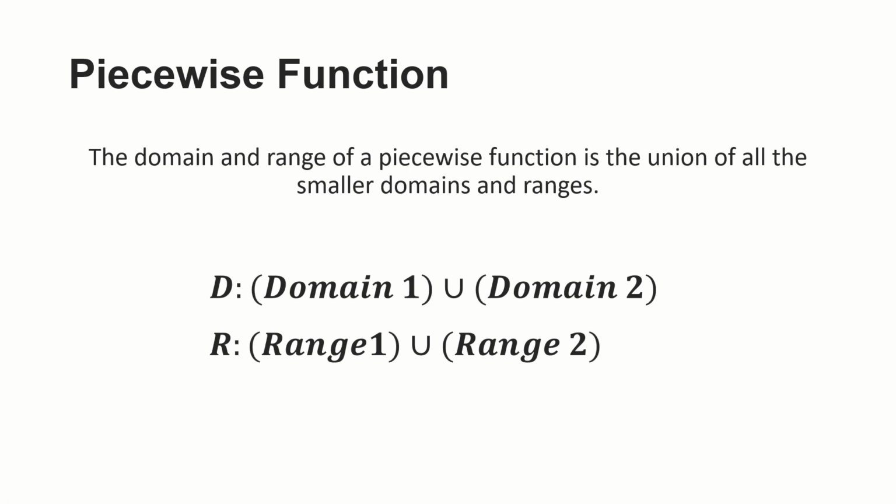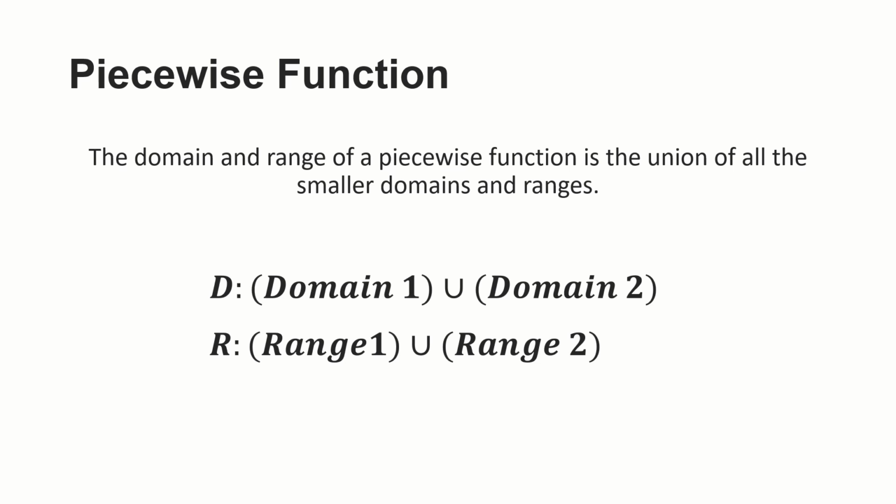The domain and range of a piecewise function is the union of all the smaller domains and ranges. Since we have two or more subfunctions with different equations, there are different intervals of domains and ranges that apply to these specific subfunctions.